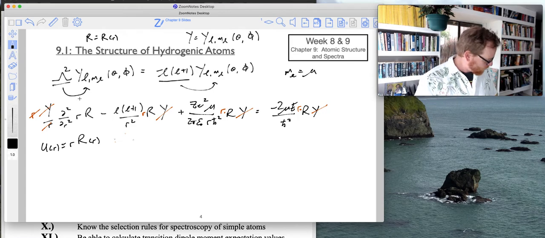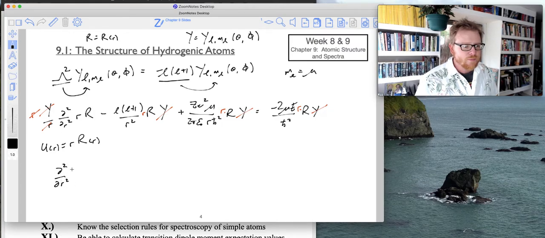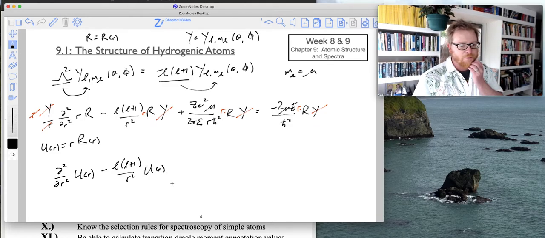And now when I rewrite this equation, I've got the second partial derivative with respect to r of u of r, and then that's going to be minus L times L plus 1 over r squared times u of r.